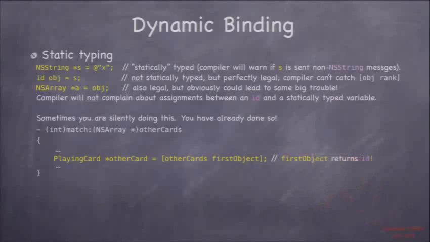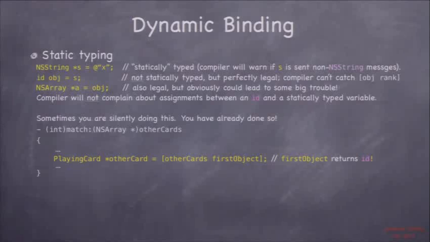And in fact, in the code that we've written, we already did this, kind of silently. Remember that in match, in PlayingCard's match, we put a line in there that said PlayingCard *otherCard = otherCards' firstObject. Remember that? Well, the method firstObject in NSArray returns an id. If you go look it up in the documentation, look at its return type, parentheses id.